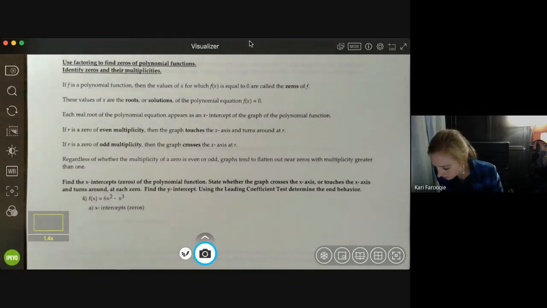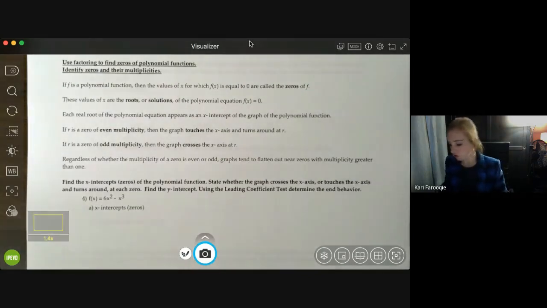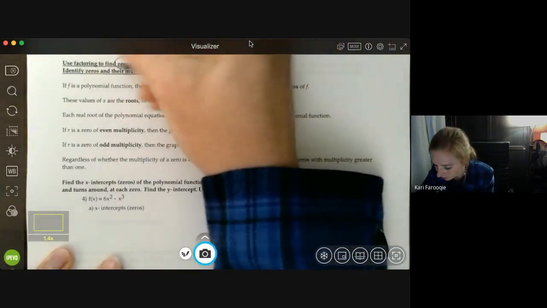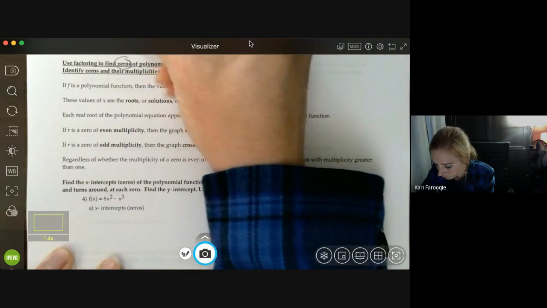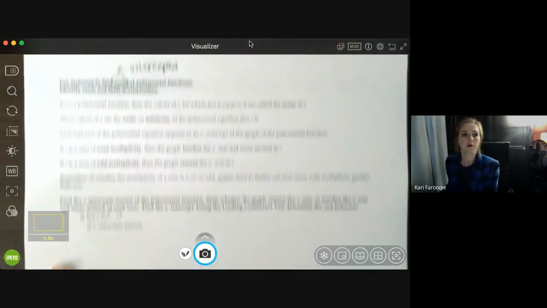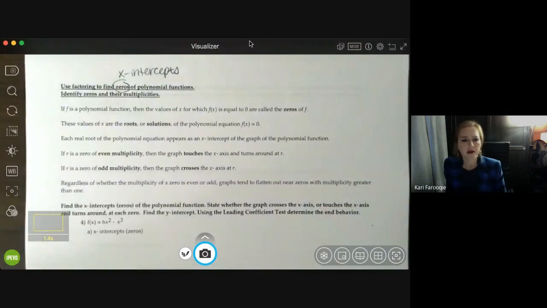This is not stated within your definition, but the zeros are really just x-intercepts. I don't know if you have heard this wording before, zeros of a function. It just means the x-intercepts of the function, essentially.